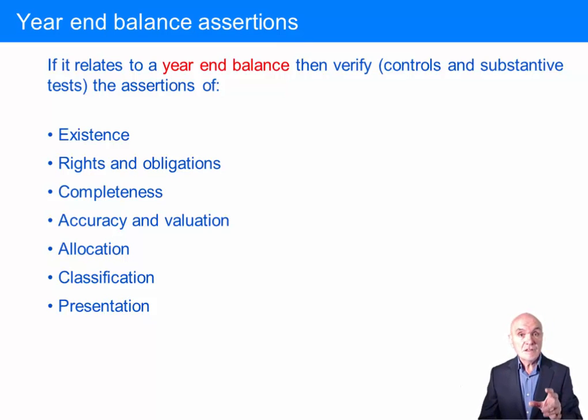If the internal control system is very good, then you will be able to rely to a large extent on the internal control system, which will reliably mean that most of the time the assertions are correct.